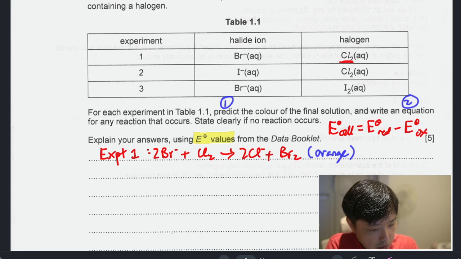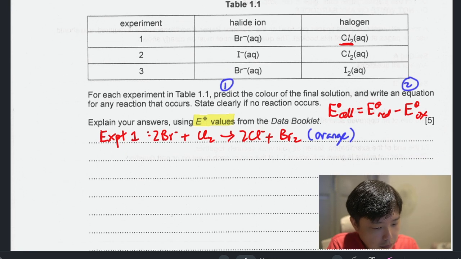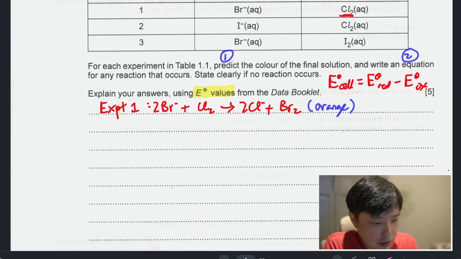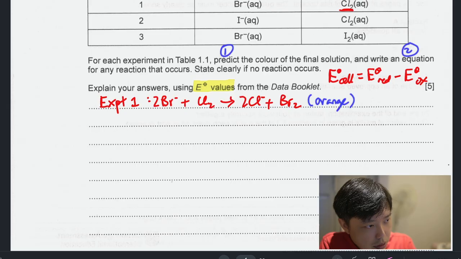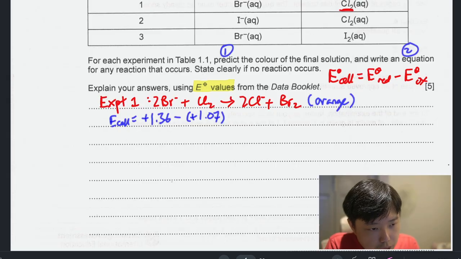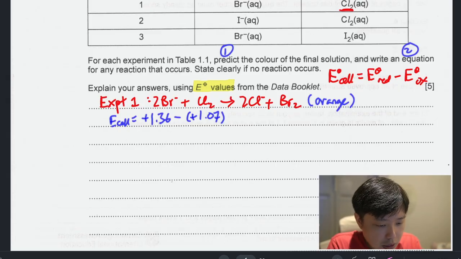Since we need to explain our answer using E0 values, we need to find those E0 values from the data booklet. So let's take E cell equals plus 1.36 volts minus plus 1.07. 1.36 is the E0 for chlorine and 1.07 is the E0 for bromine.